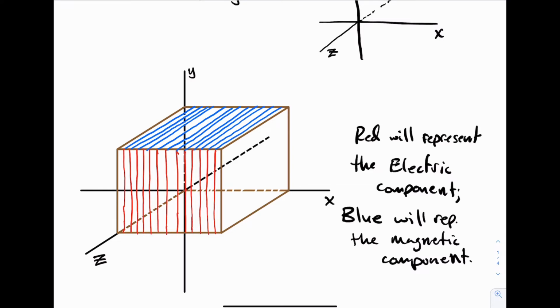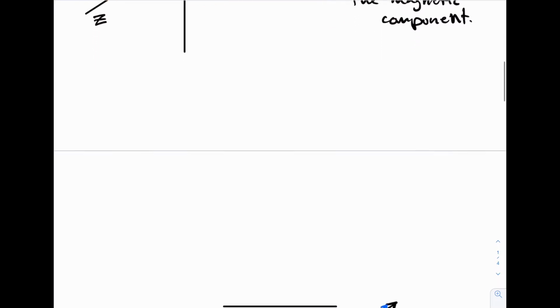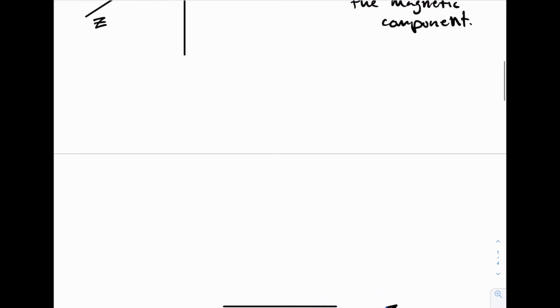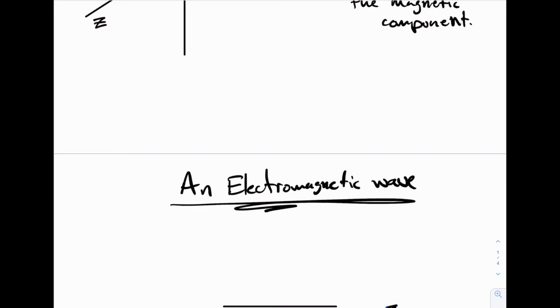Okay, so this gives us some perspective in general. Now what I want to do is actually show you a diagrammatic representation of an electromagnetic wave. And so down here I've drawn it already just to, again, save us some time.